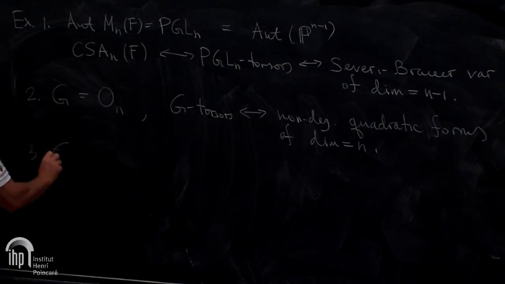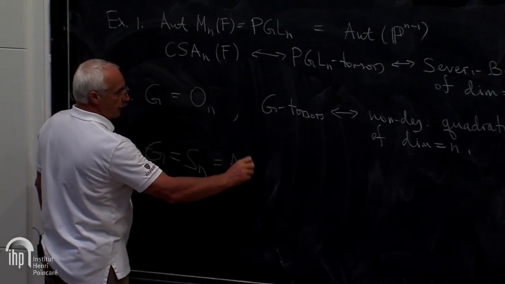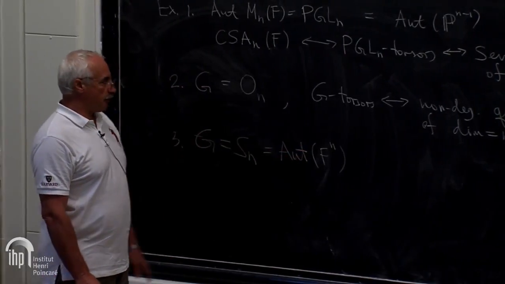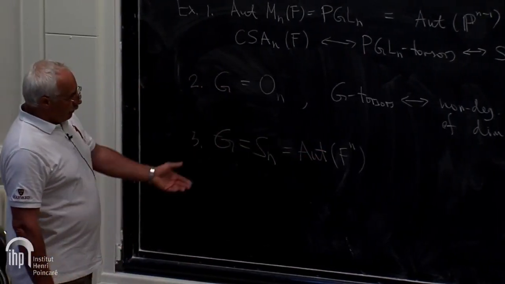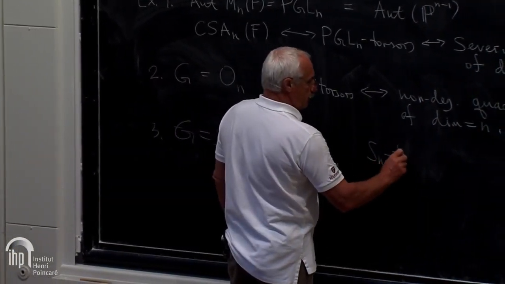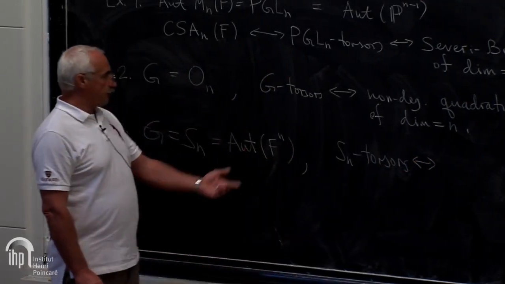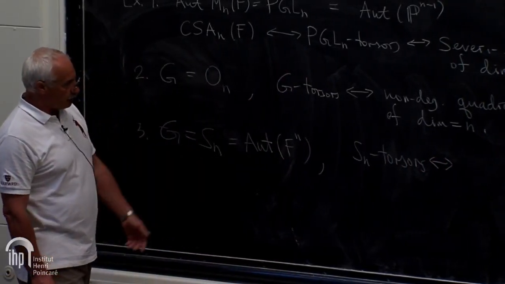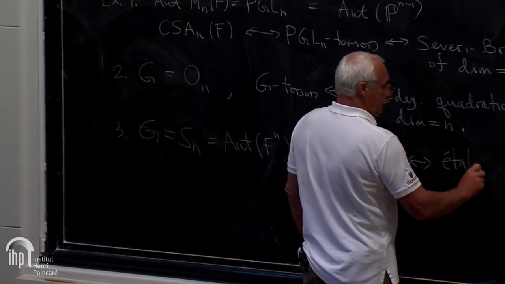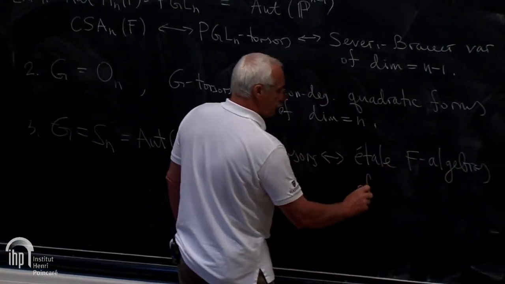We take the symmetric group S_n, and this is the automorphism group of the algebra F to the n, the product of n copies of the algebra F. So the S_n torsors are in one-to-one correspondence with the twisted forms of F^n, and those are étale algebras of degree n, étale F algebras of dimension n.